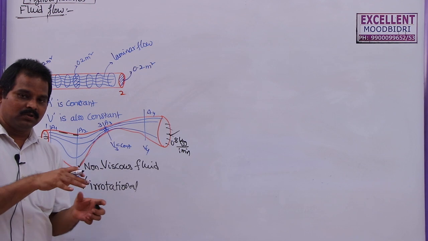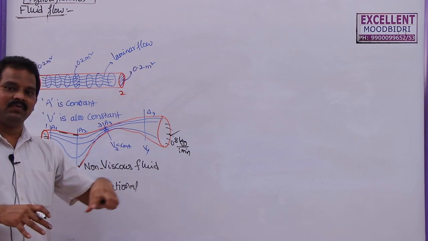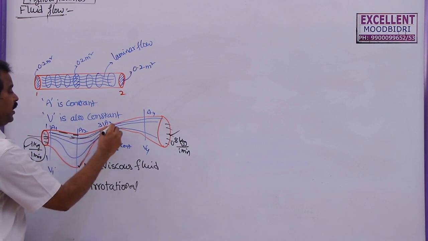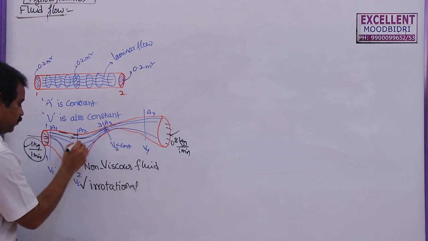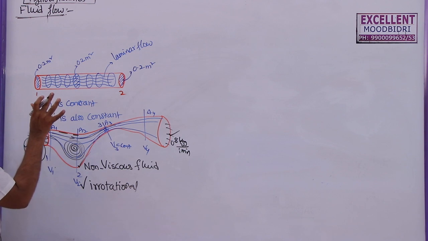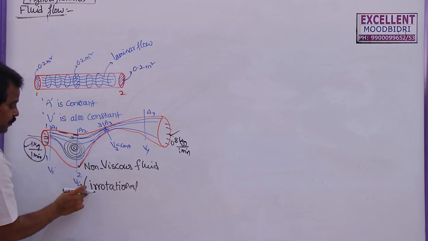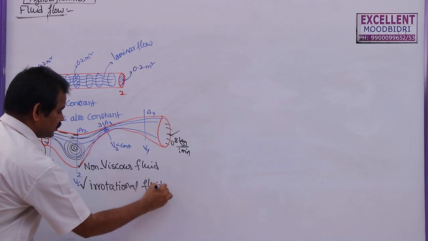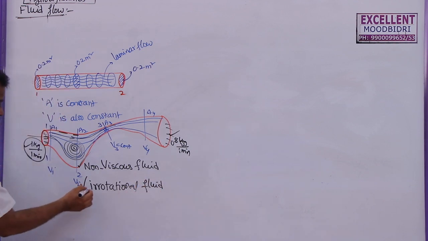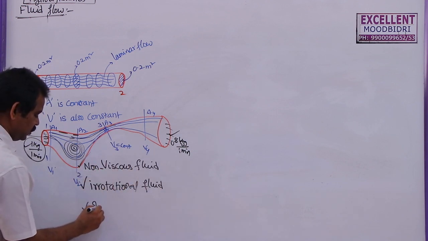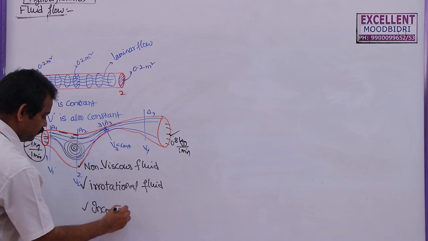You can see whirlpools in canals as well as in rivers. So here, if this fluid is flowing, it should maintain its path and there should not be any whirlpools like this. So this is a rotational fluid. You cannot apply the laws of fluid flow for these types of fluids which are rotational fluids. So that's why I have to consider only irrotational fluids, non-viscous fluids, and the third one is incompressible fluid.